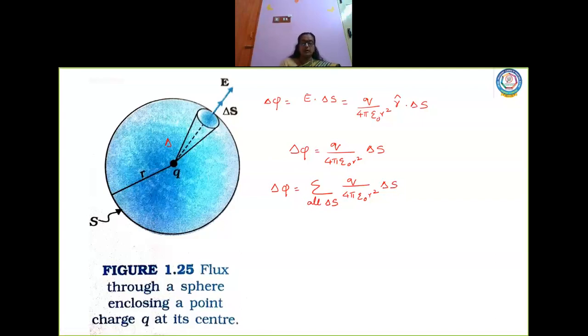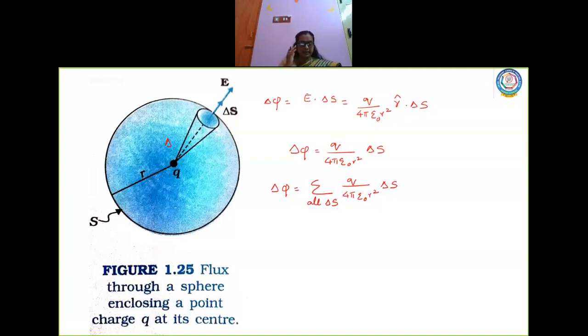So what about the value of R here? Now when I take this area element of the sphere, the distance from the center is taken as R. So wherever you take the area element, if you take it here, or at this position, this value of R will remain the same. Yes or no? So it will remain the same.